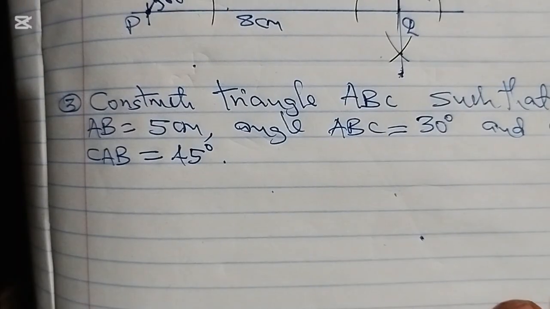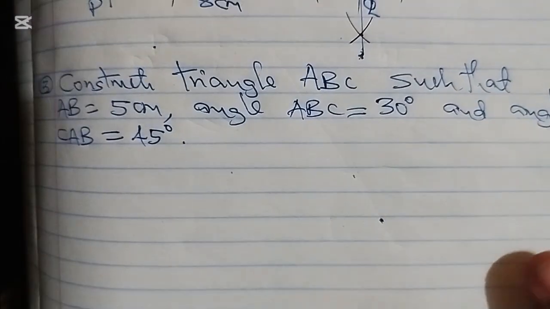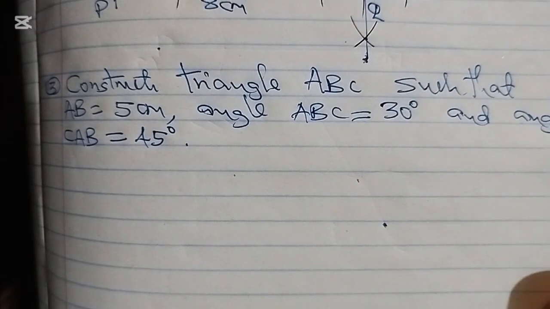So that is the question we have. We are supposed to respond to that question, ladies and gentlemen. Construct triangle ABC such that AB is equal to 5 centimeters, angle ABC is equal to 30 degrees, and angle CAB is equal to 45 degrees.